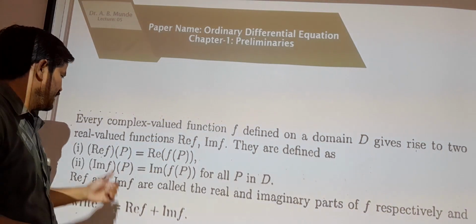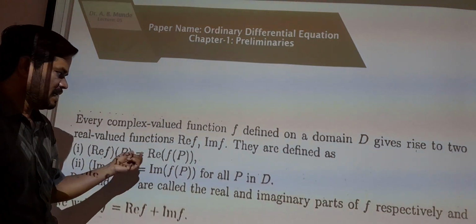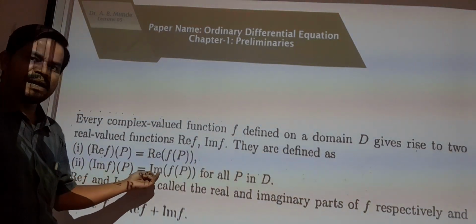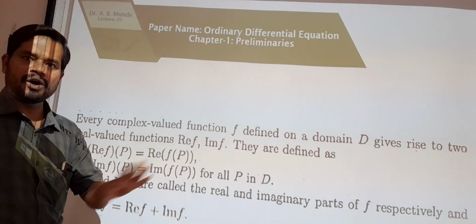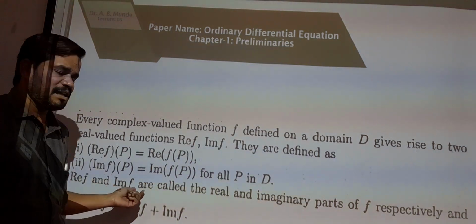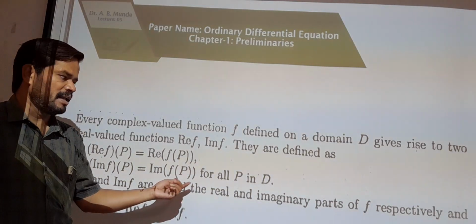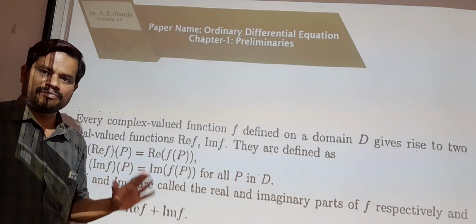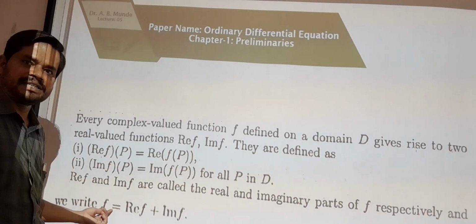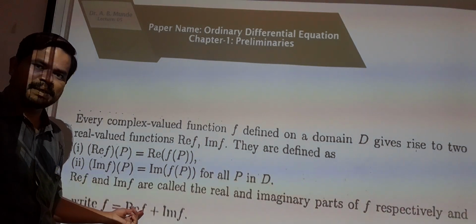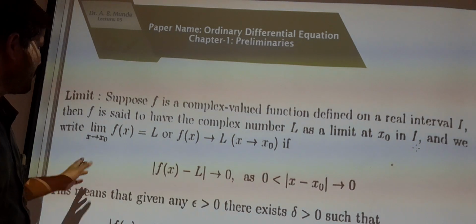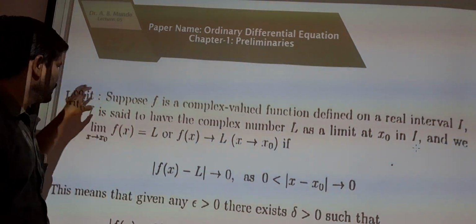They are defined as Re f at p is the real part of f(p), and Im f at p is the imaginary part of f(p), for all points p in D. Re f and Im f are called the real and imaginary parts of the function f, and we can write f is equal to Re f plus i Im f.